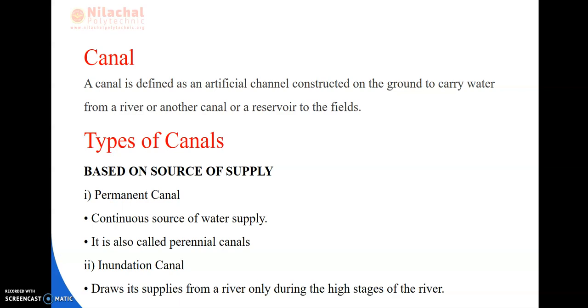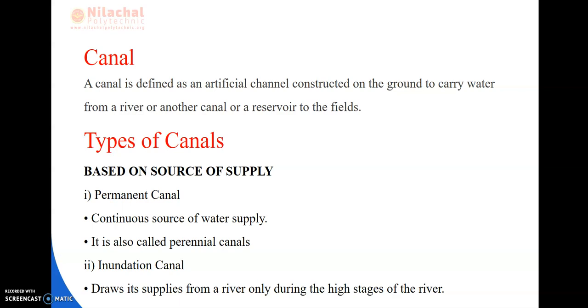While traveling on the road, we can see canals on the right side or the left side, full of water which has been carried from a river or another canal or a reservoir. So what are the types of canals?